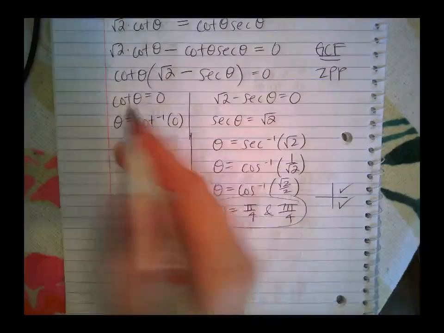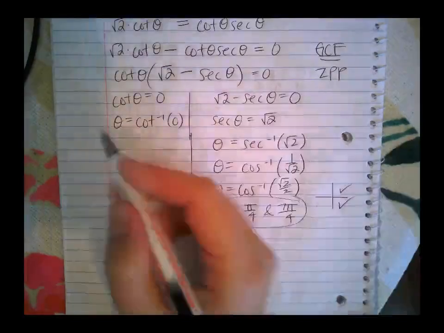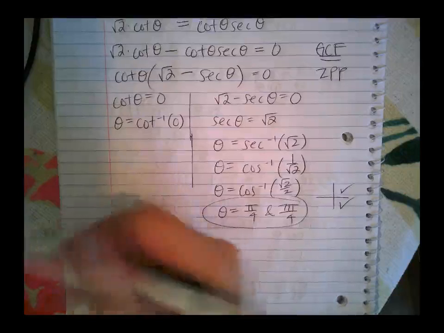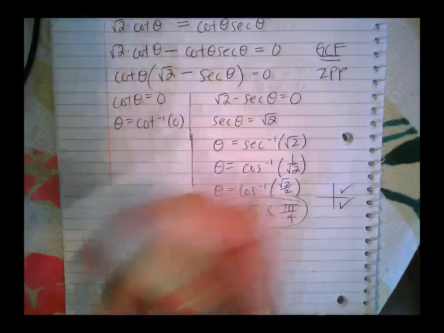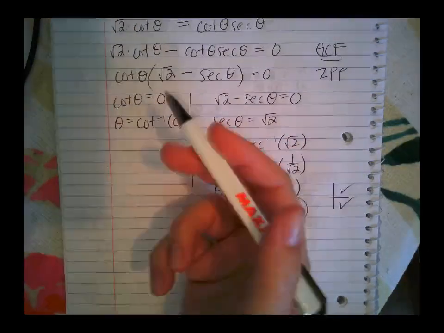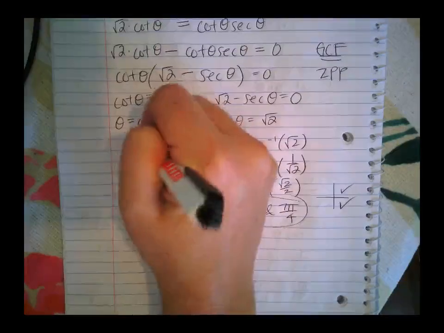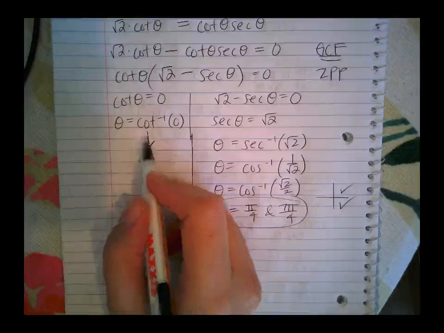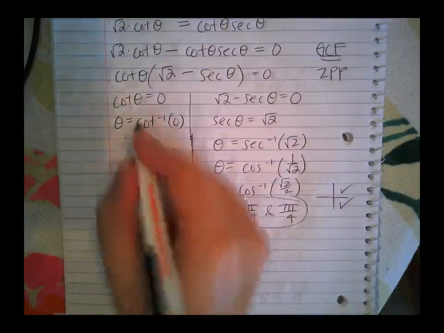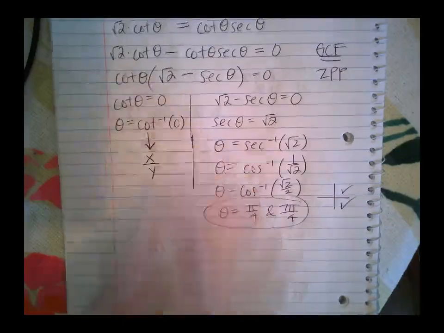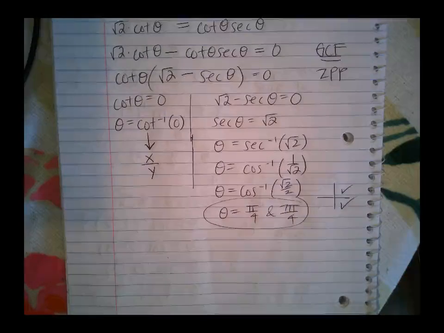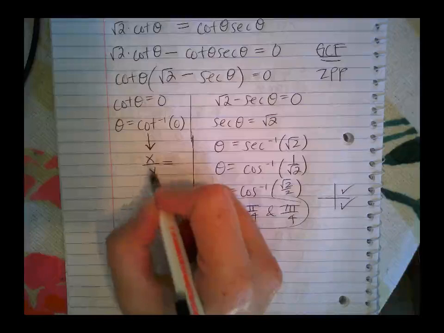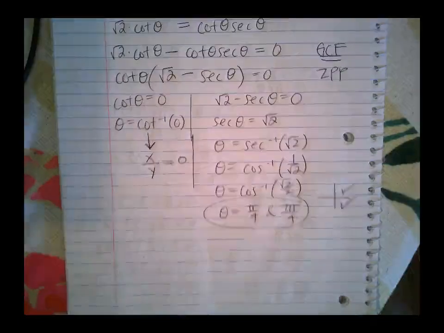There's a couple different ways to think about the cotangent. You can think of it as the reciprocal of tangent, but really the cotangent, we can think of it as the reciprocal of tangent in terms of the quotient. Tangent is y divided by x, cotangent is x divided by y. And if I want the answer to be 0, I'm looking for the angles that when I do this, the answer is 0.